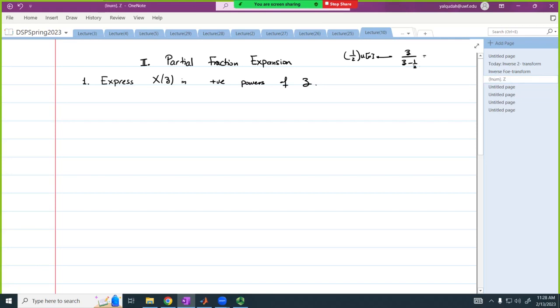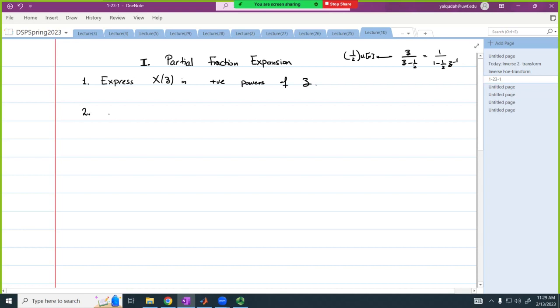But you might find this written as 1 over 1 minus 1/2 z to negative 1. Both of them are valid, and depending on the book or the reference you use, the convention might be like this or like this. So for our purpose, we're going to express numerator and denominator in positive powers of z. So if I have an expression like this, I'm going to multiply numerator and denominator by z to get rid of the negative powers of z.